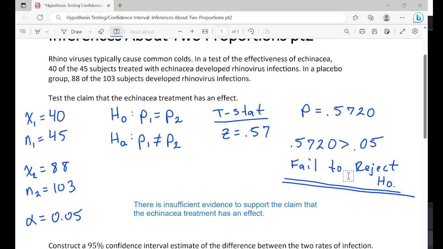And it makes sense. We failed to reject the null hypothesis, so that means that the treatment groups are equal. So people who got treated and people who did not get treated are essentially equal, like the null hypothesis says. So there is insufficient evidence to support that there is an effect.